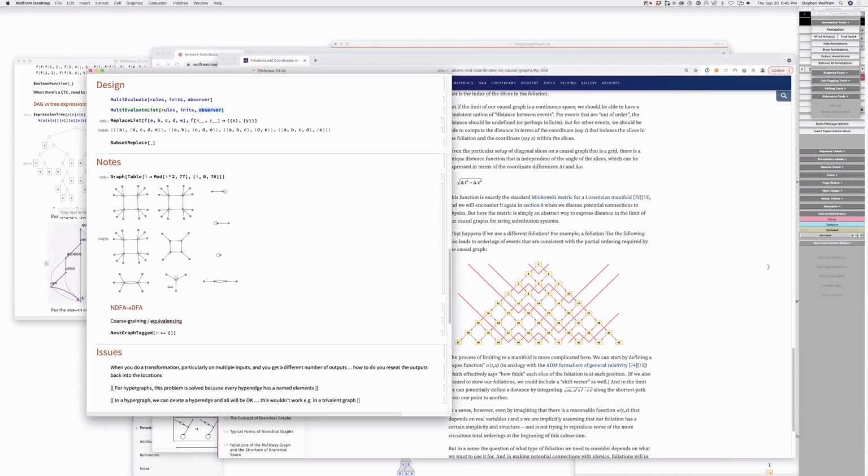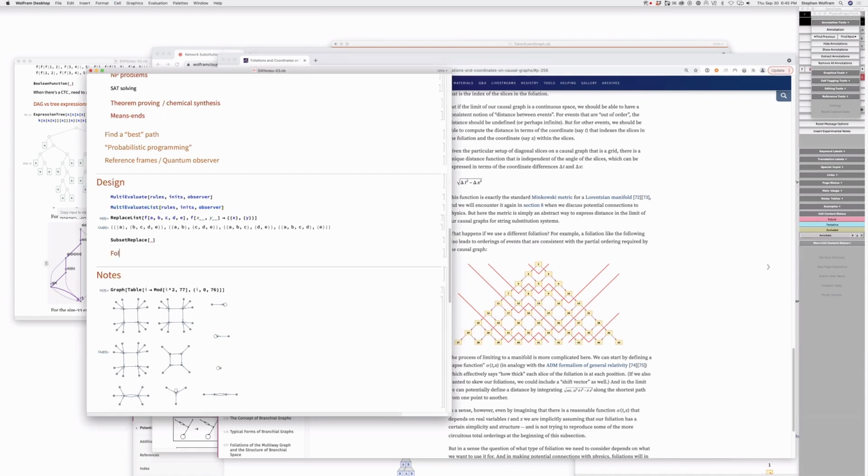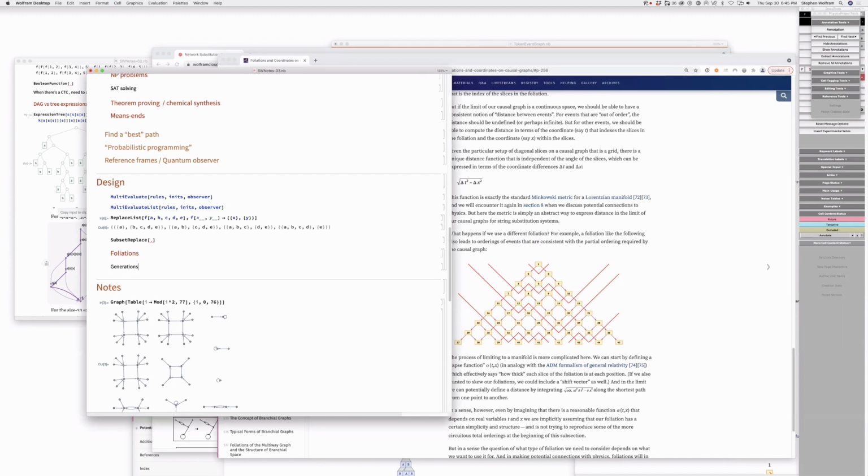Okay, but look. So, the foliations. One example is generations. That's one type of foliation. The event order in this case would be monotonically increasing generation, which is a class of event orders.